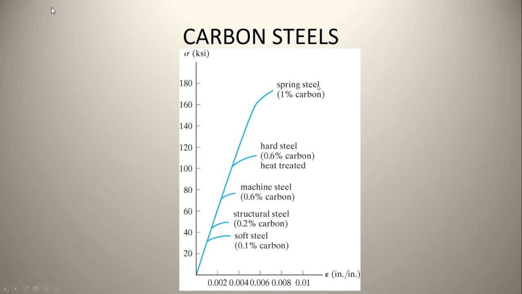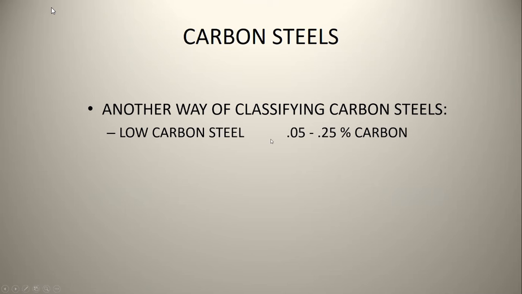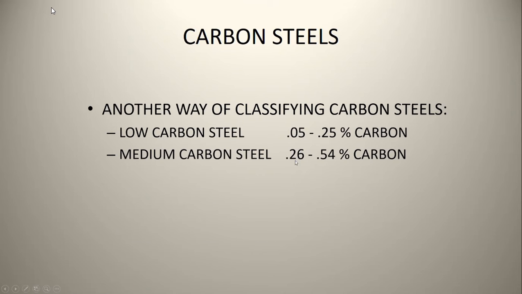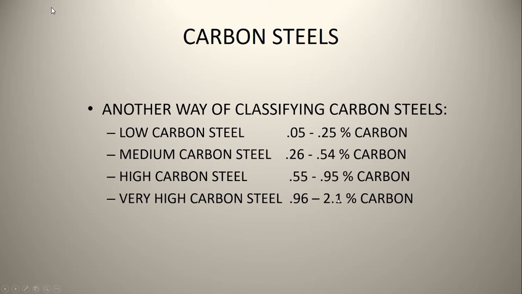Depending on the carbon percentage in the wrought iron, you can change the properties, and this is how they are called. Another way of classifying these is low carbon steels, which have a carbon percentage of 0.05 to 0.25%, then medium carbon steels 0.26 to 0.54, high carbon steel 0.55 to 0.95, and then very high carbon steel 0.96 to 2.1.